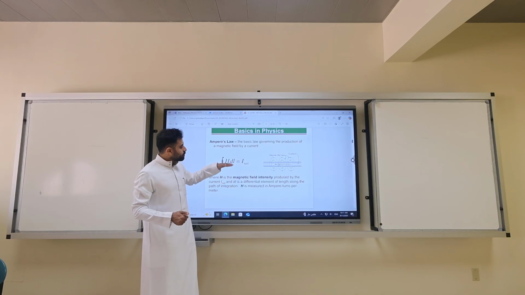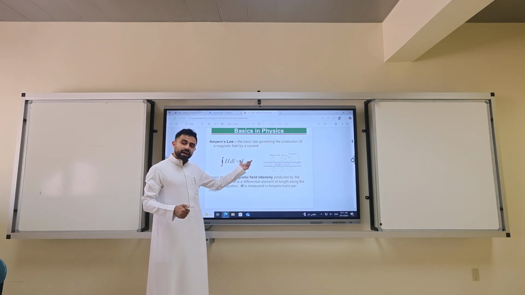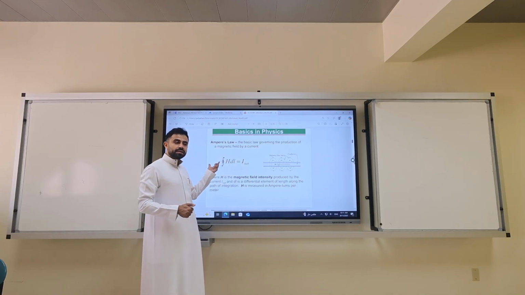Basically, along the path of integration, if I have a current, I would have a magnetic field intensity.